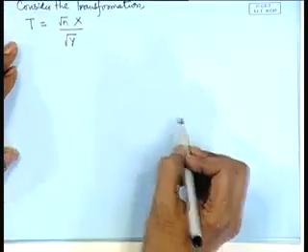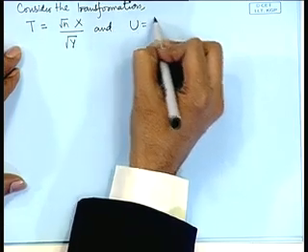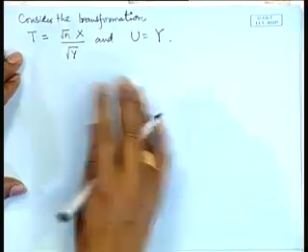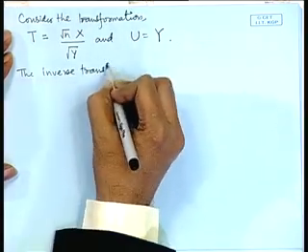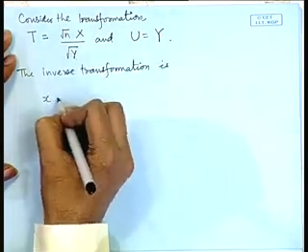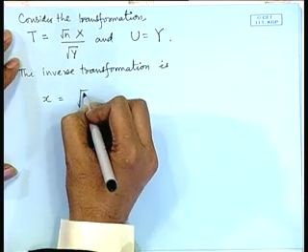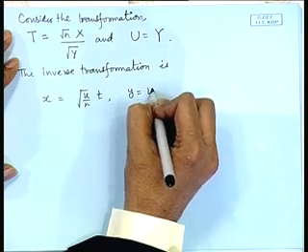So, the second variable we can consider as, say, U is equal to Y, because we have to consider a one to one transformation, or at least the number of variables should be the same, so that we can find the joint density, and then we can integrate out the undesired variable. So, the inverse transformation here will be X is equal to root of u by n times t and Y is equal to u.